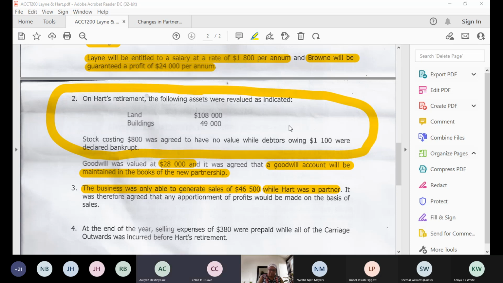Chloe says she agrees as well. Okay, so they're saying that it's 25% of the sales.